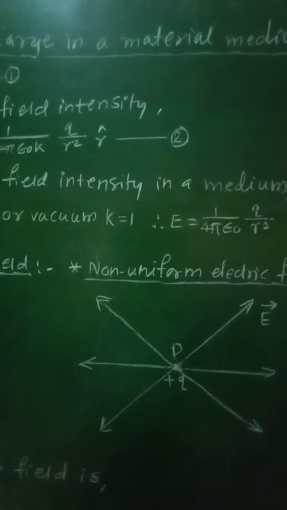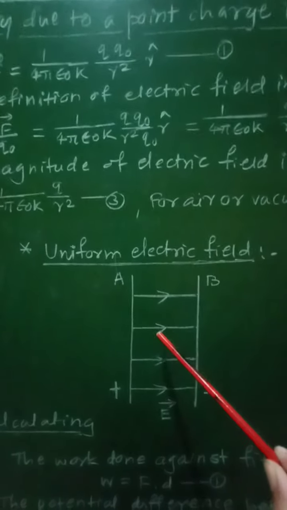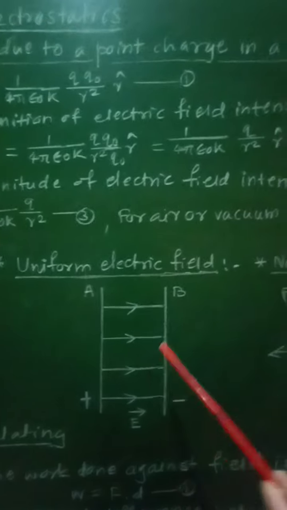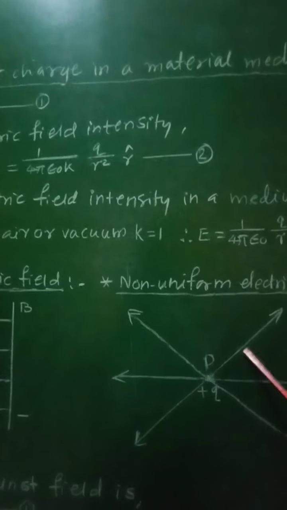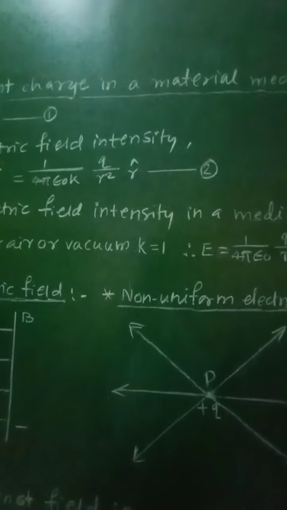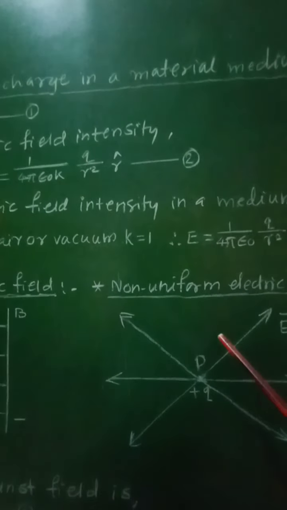So a uniform electric field will be constant in magnitude as well as direction, but on the other hand the non-uniform electric field is a field in which the magnitude and direction is not the same at all the points.